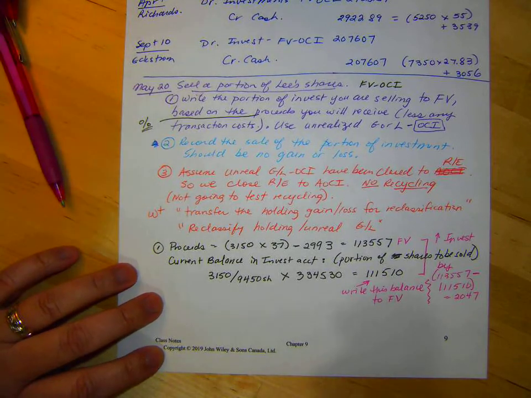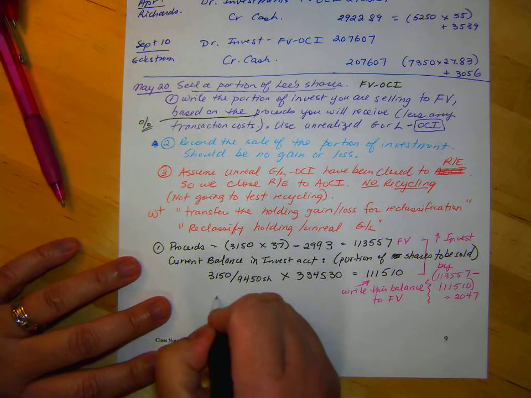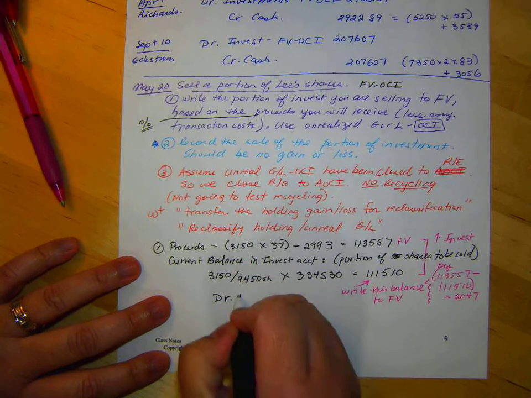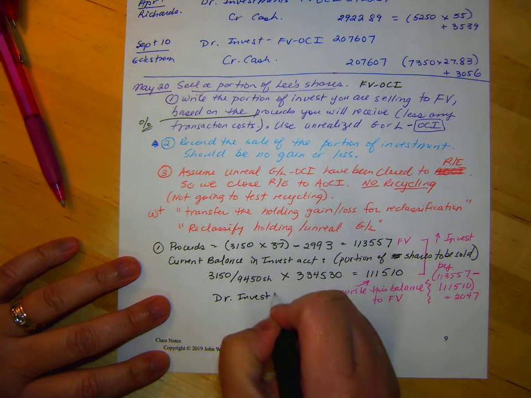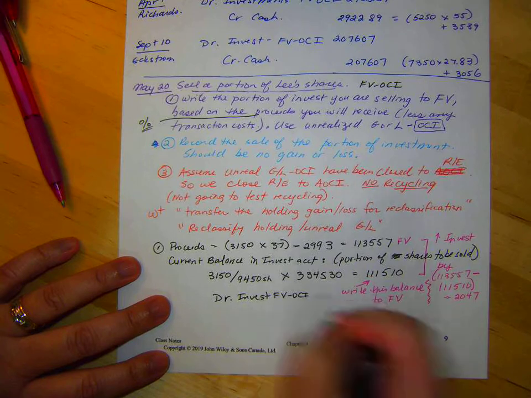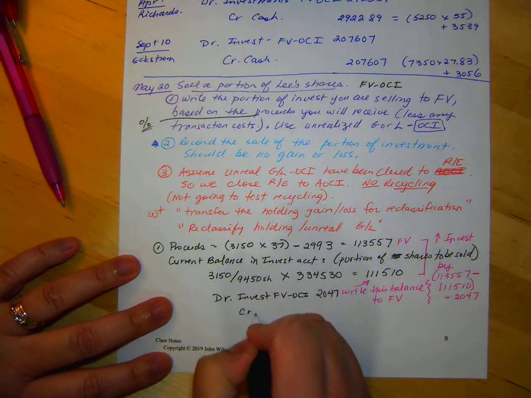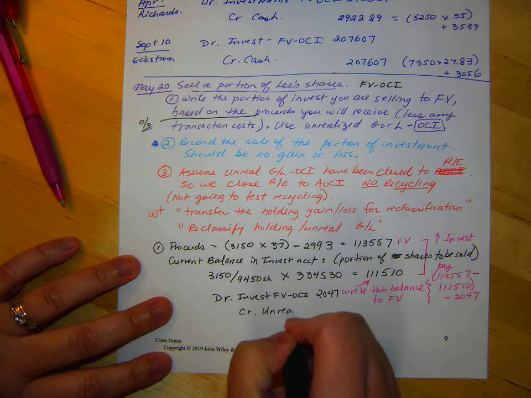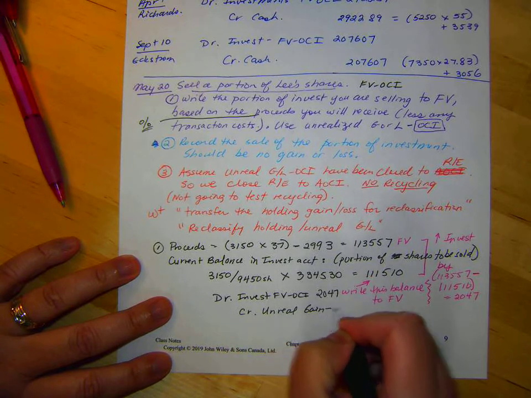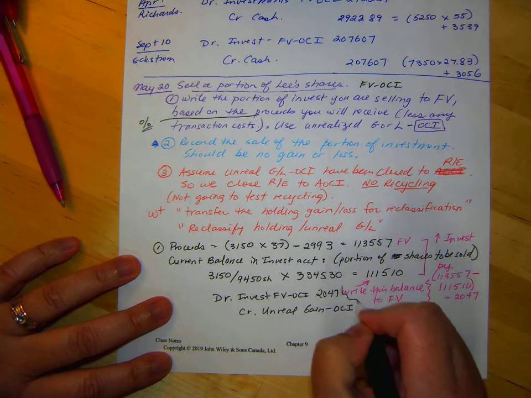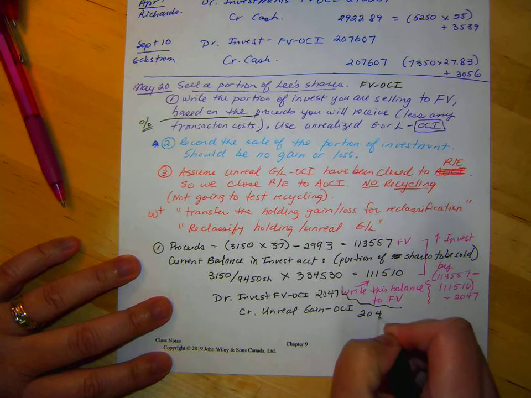So our entry is debit investment fair value OCI for 2047 and credit unrealized gain. Don't forget that part, for 2047.